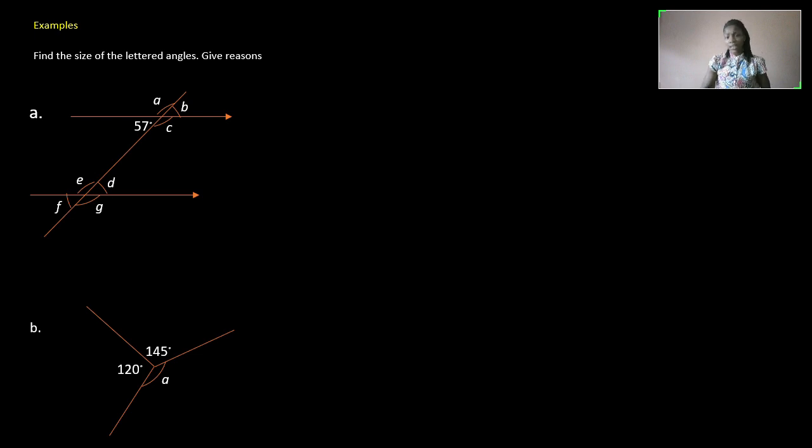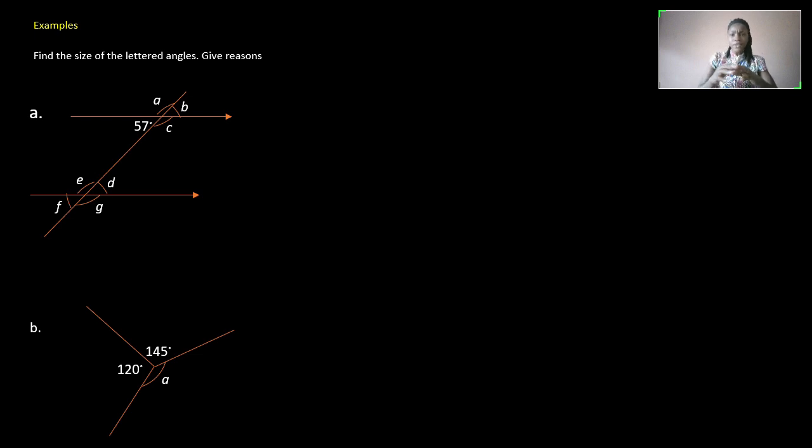Like I said earlier, the reason they are asking us to give is, if we are saying that angle A is equal to angle B, we are to give reason why angle A is equal to angle B. If we are adding angle A and angle B and equating it to 180, we are to give reason why we are equating them to 180.